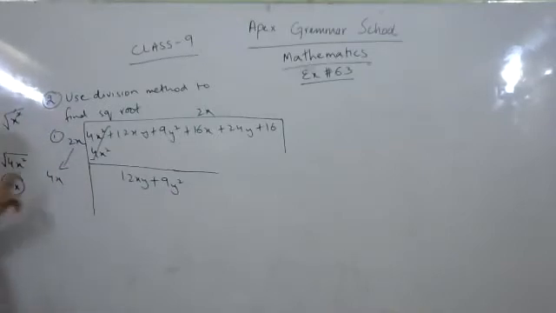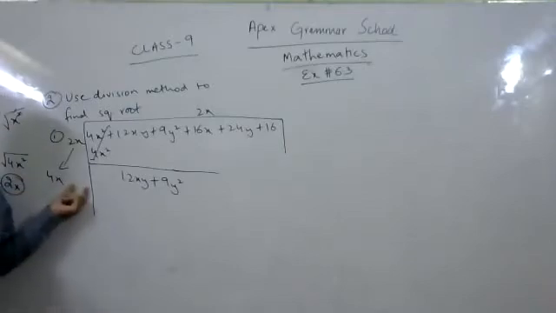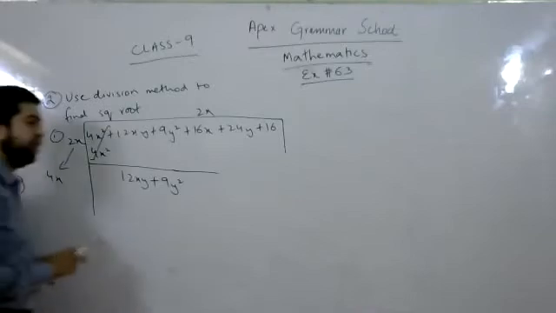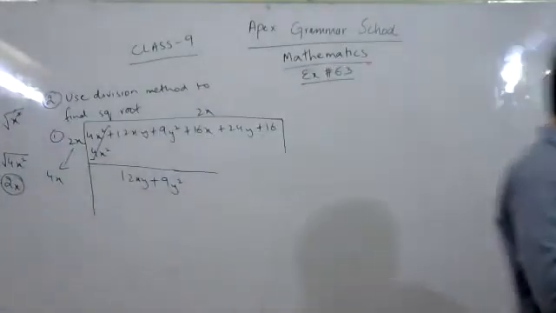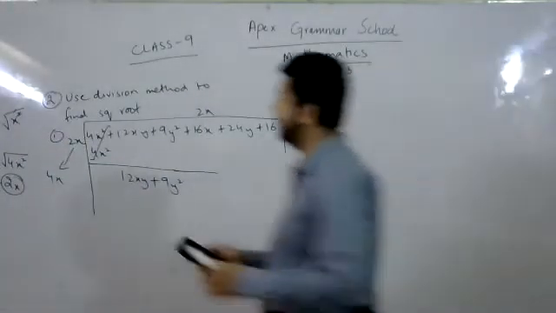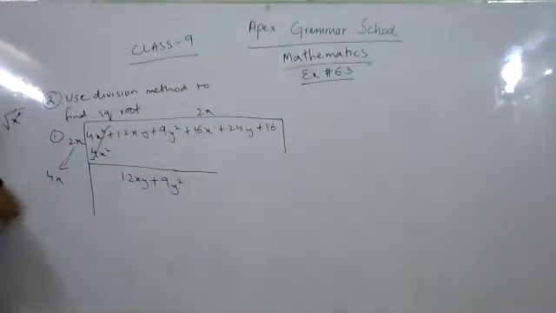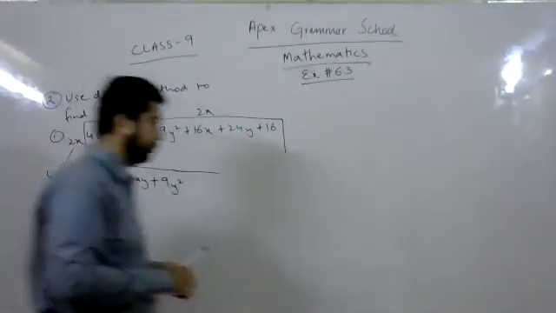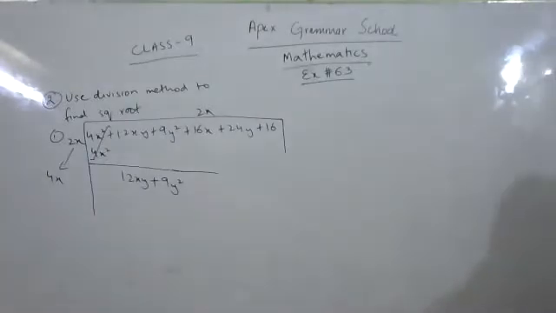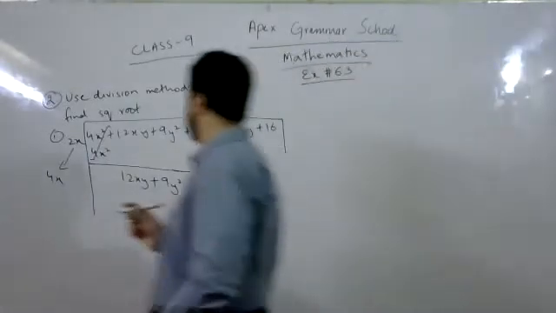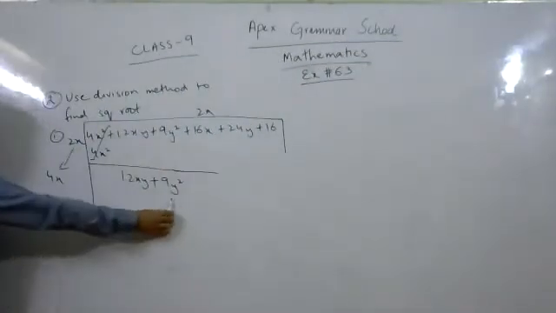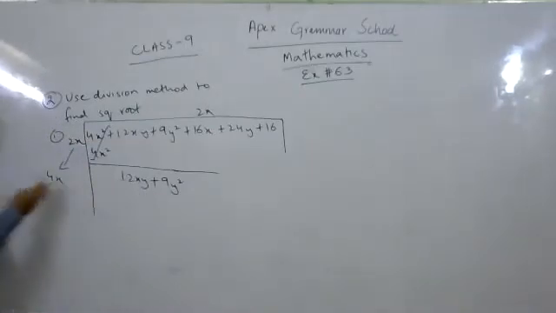Now another thing is missing, this part. To find the value of it, take the very first term, 12xy, in the numerator, and this divisor on the denominator.